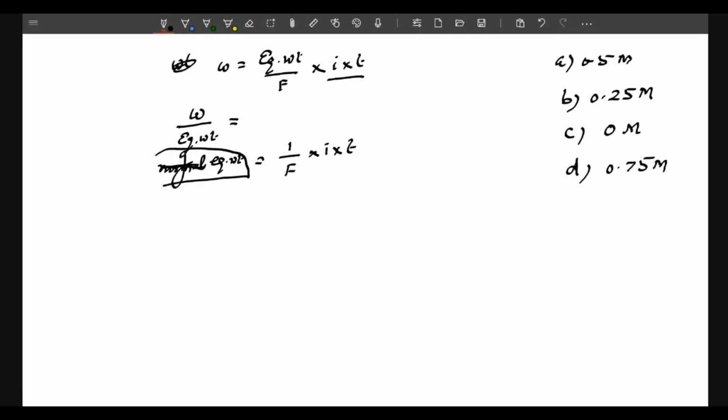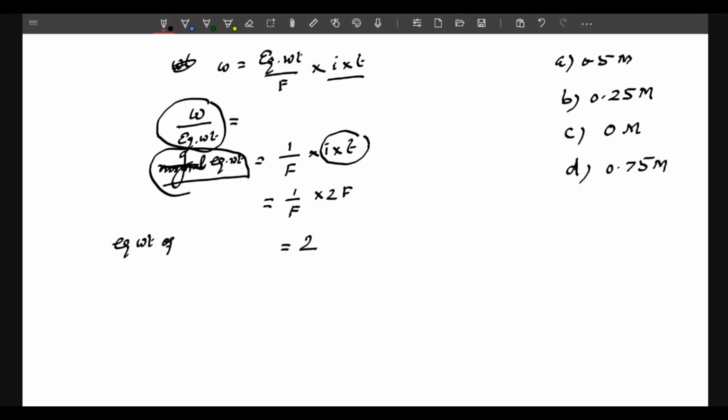You have to calculate the gram equivalent weight, that is nothing but W by E, which is 1 by F into I into T. I into T is nothing but the Faraday of electricity passed, given as 2 Faraday. Therefore, 1 into 2F, F and F cancel. Therefore, how many gram equivalent weights of copper have been deposited? 2 gram equivalent.